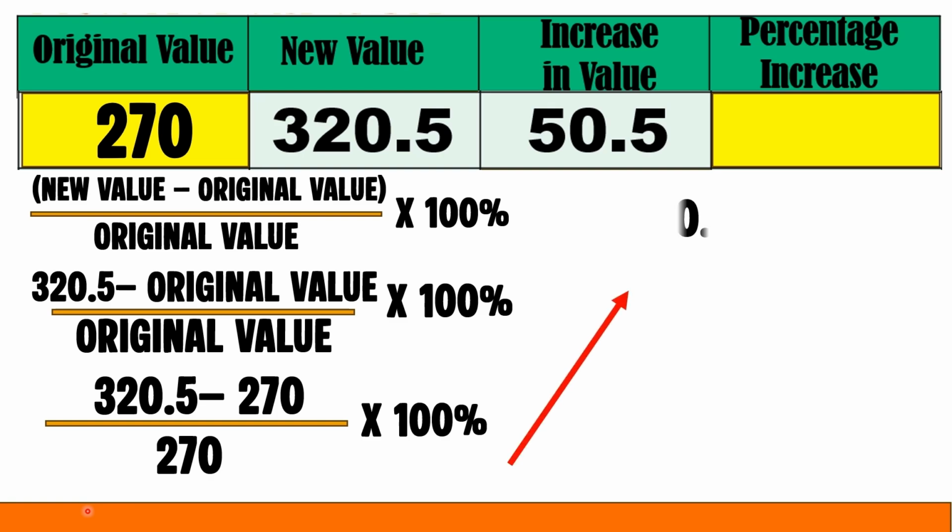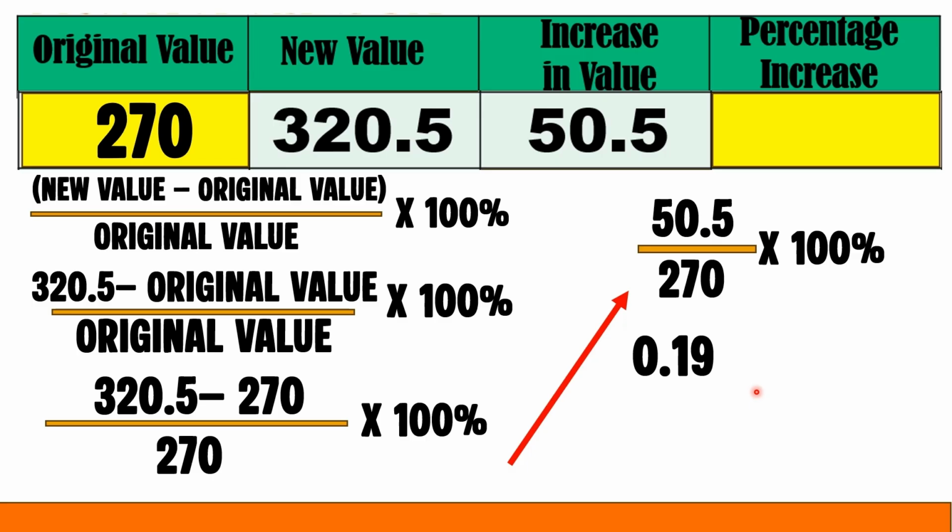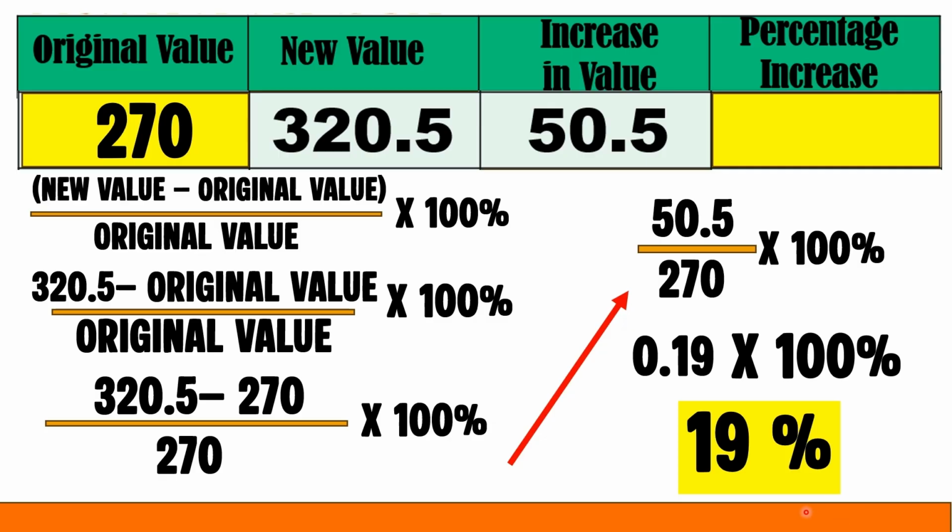Okay, next step is to simplify. 320.5 minus 270 is 50.5. Then divided by 270 times 100. Next, 50.5 divided by 270 is 0.19, times 100 equals 19%. Therefore, the percentage increase in this table is 19%.